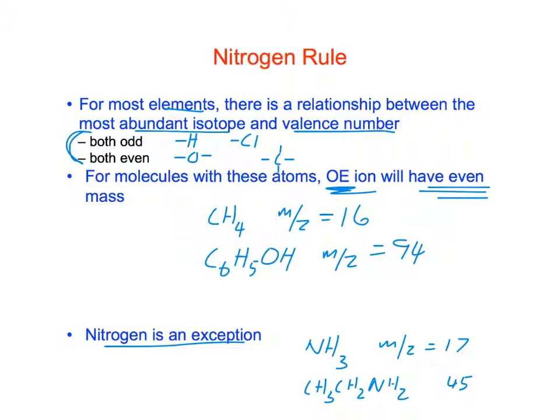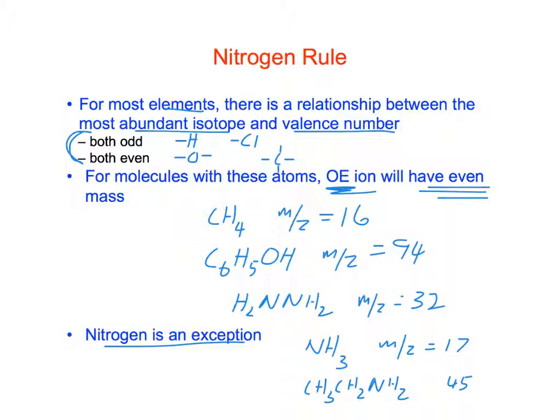So if we have one nitrogen, we'll have an odd mass for the odd electron ion. However, what if we have two nitrogens? So let's put it up here. I'm just going to write a simple one like hydrazine. We have two nitrogens now. So we have 14, 15, 16 times 2. Mass to charge would equal 32.